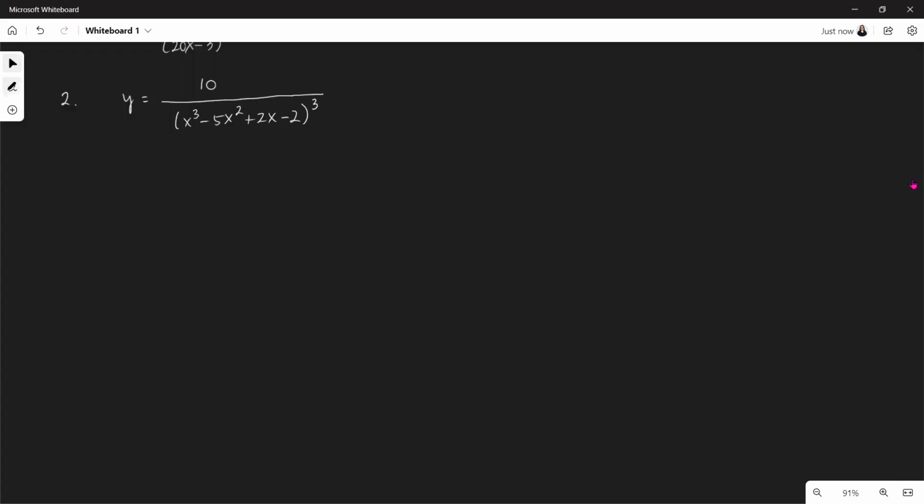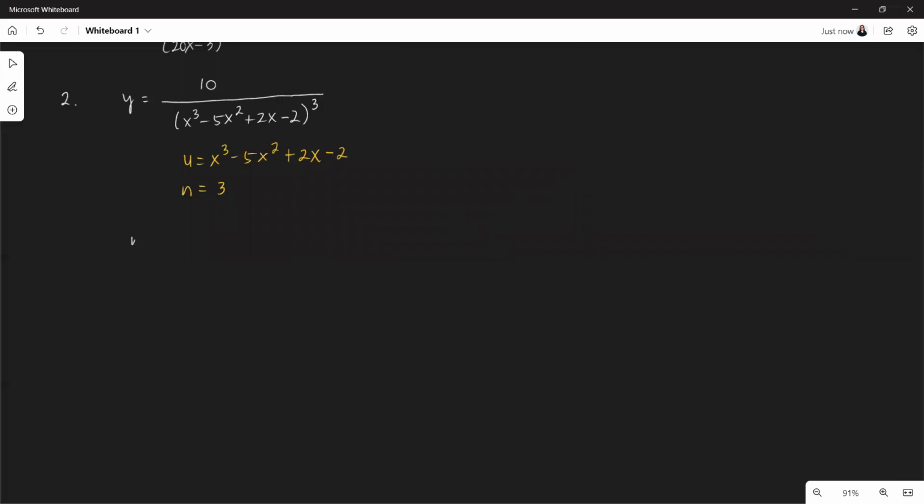Okay, so we have our base, the u, it's x cubed minus 5x squared plus 2x minus 2, and the 3 as our n. So 10 is just a constant, so we can just multiply the 10 with 1 over this one below.